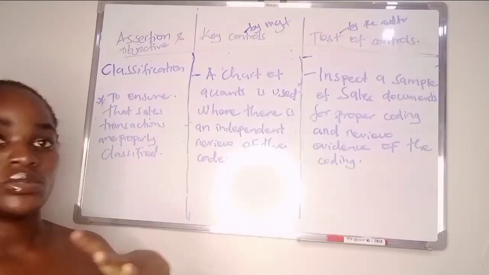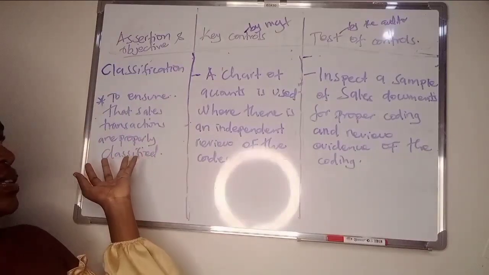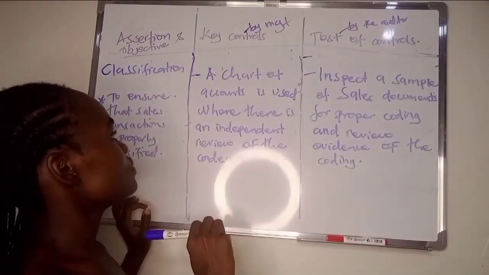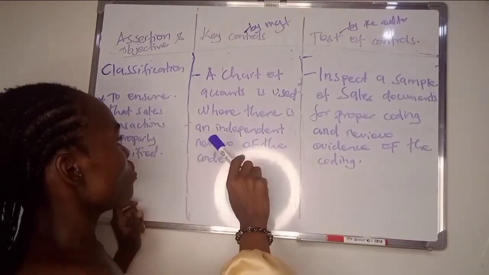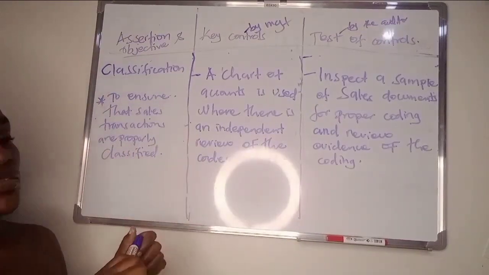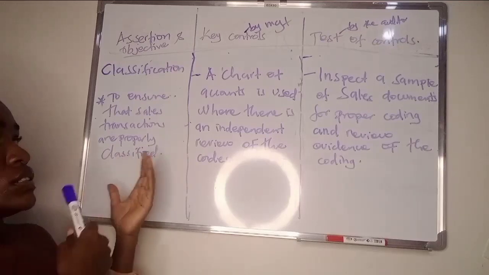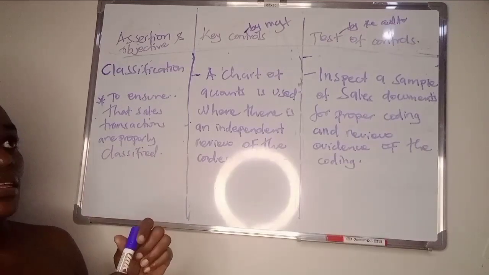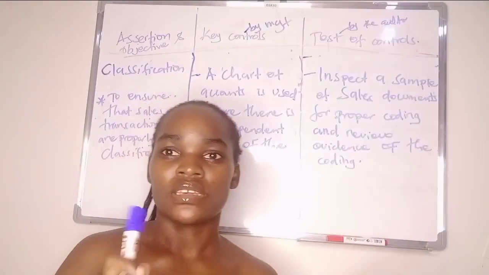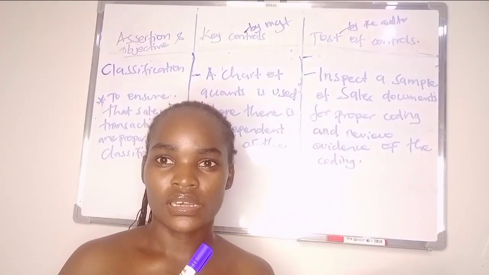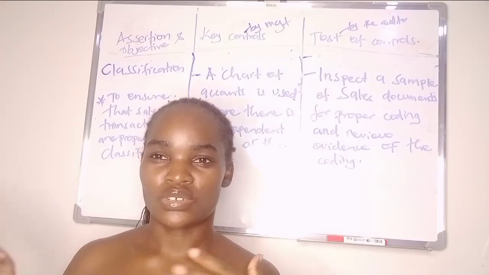So this is to ensure that sales transactions are properly classified. So how can management achieve this? A chart of accounts is used where there is an independent review of the codes. Like a chart of accounts is used whereby they make sure that if something is recorded as cash sales, there was cash that was received.